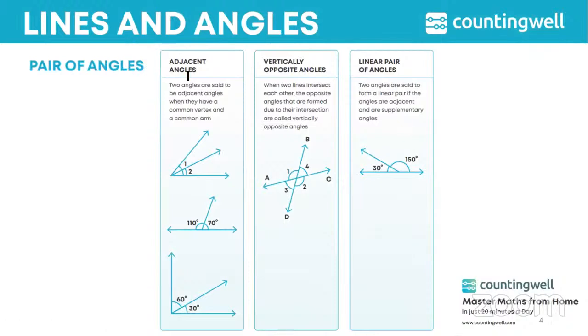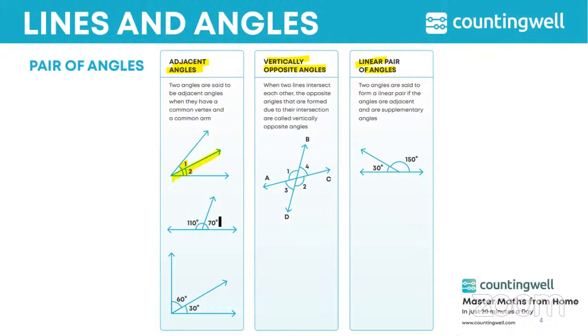Let us see pairs of angles like adjacent angles, vertically opposite angles and linear pair of angles. Two angles are said to be adjacent angles when they have a common vertex and common arm. For the first figure, you have angle 1 and angle 2 having a common vertex and common arm.